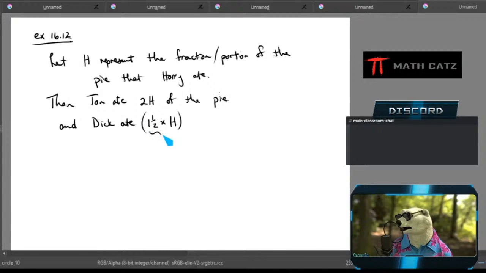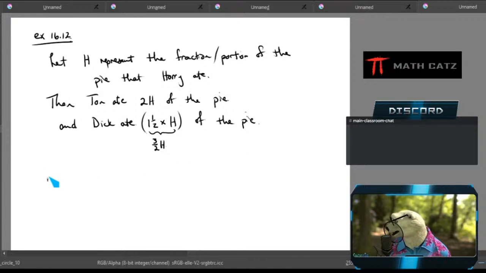So I'll rewrite this to 3 over 2h. When you do calculations, use improper fractions or decimals if you really like decimals. But fractions are going to be nice here in order for me to conveniently say my concluding sentence. So 3 over 2h, which is going to be a fraction of the pie.